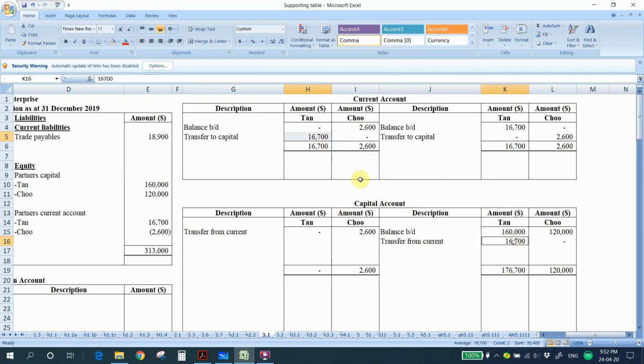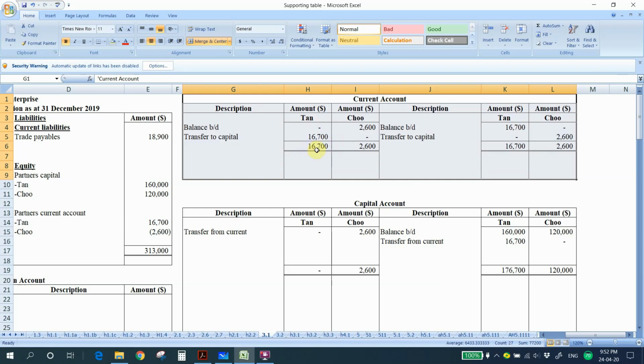So this is the corresponding double entry and this is the corresponding double entry. Basically, we just want to close the current account. You can see that the amount tallies, no more balance c/d and balance b/d. So we have done step 2.